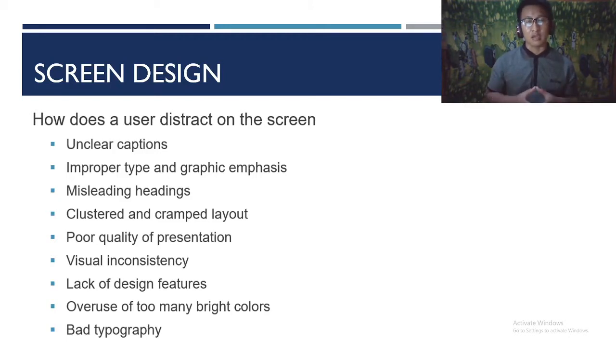The applications are scattered on the screen without alignment, and the sizes of the logos are not the same. So how can a user interact properly with that system or that screen? We should consider that also.